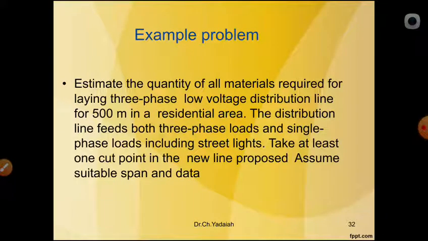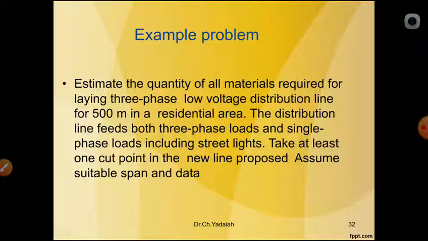Here, what is the problem given? Estimate the quantity of all materials required for laying a 3-phase low voltage distribution line for 500 meters in a residential area, so half a kilometer. The distribution line feeds both 3-phase loads and single phase loads including street lights.